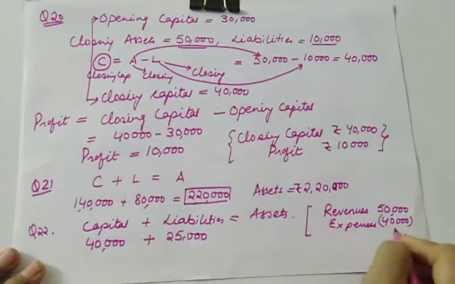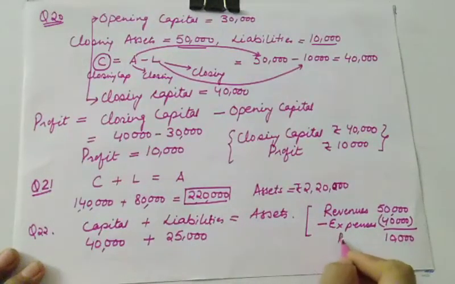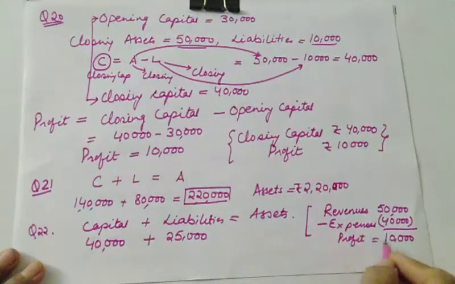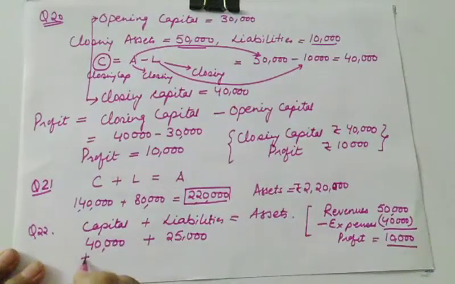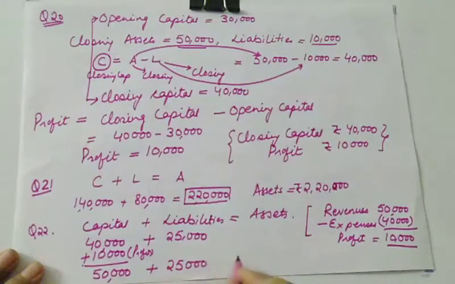So you know that difference between revenue and expense is your profit. So here profit is 10,000, which will be added in capital. So finally your capital will be 50,000 and liabilities are as it is, no change in liabilities. So assets will be, final answer, 75,000.